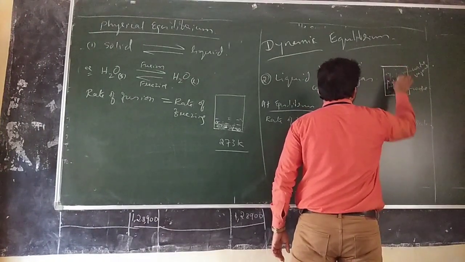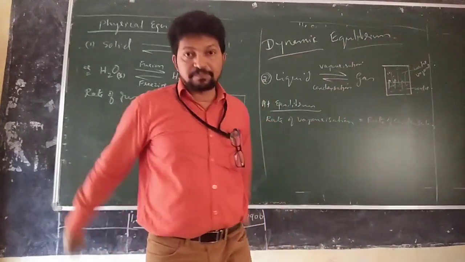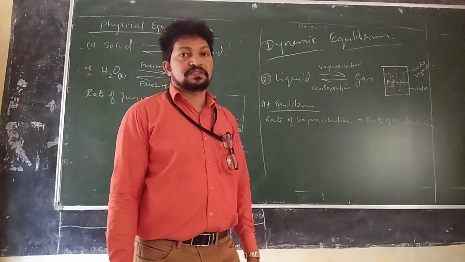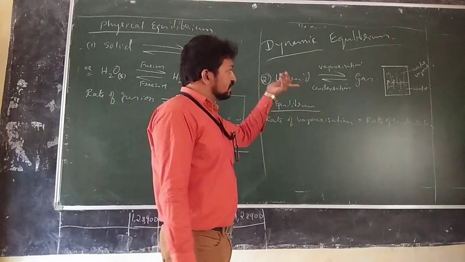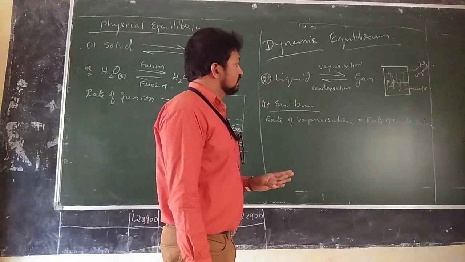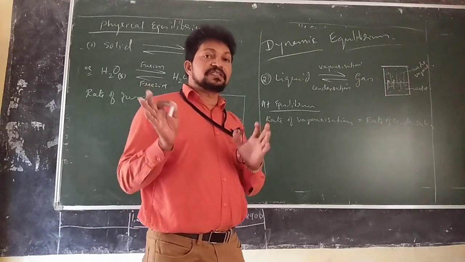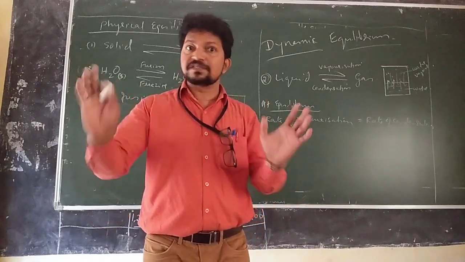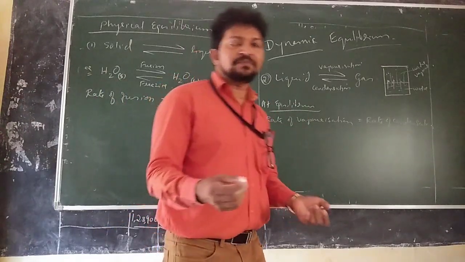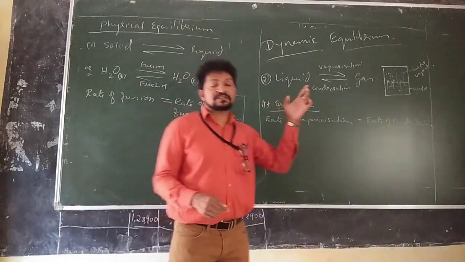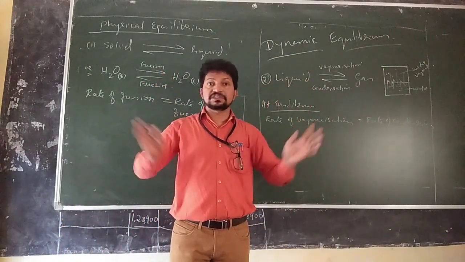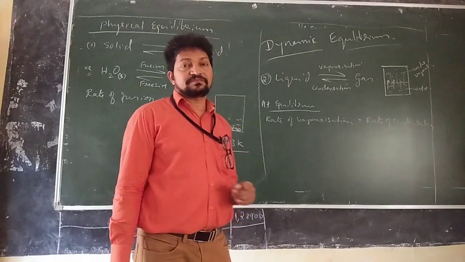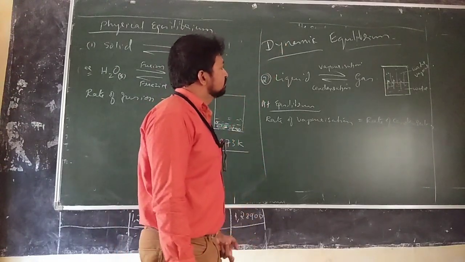Some amount of vapor which touches the surface is drawn into liquid water. So rate of vaporization and rate of condensation remains same. At any point of time, you consider amount of liquid water, amount of vapors remains same. Why does it remain same? It is not because reaction is not going on. It is because rate of both the reactions are equal. That is why it is a dynamic equilibrium.